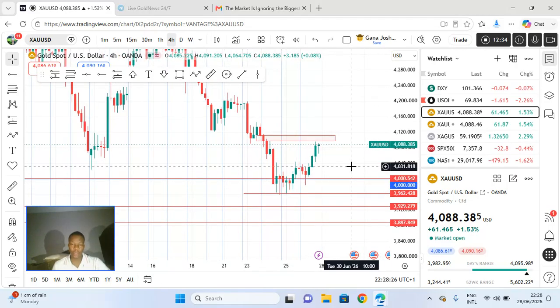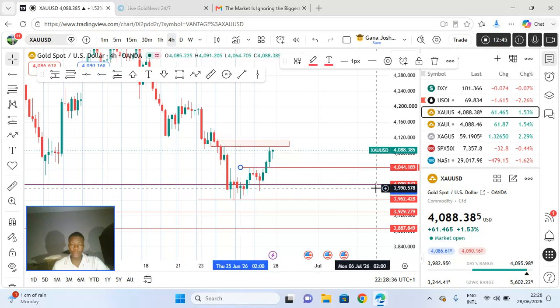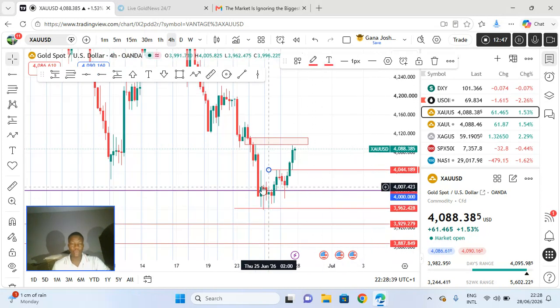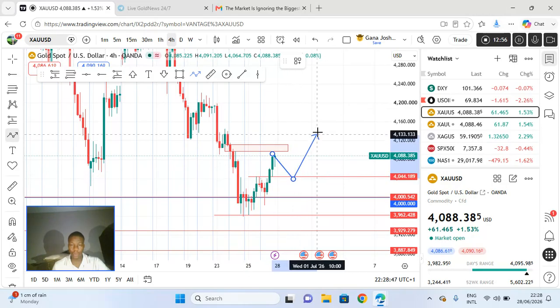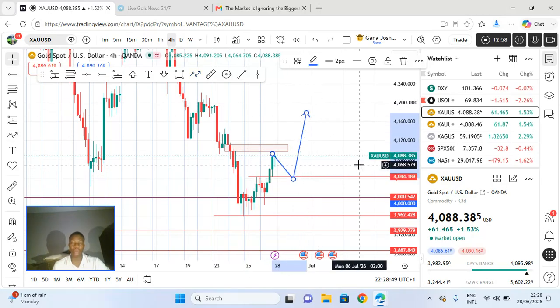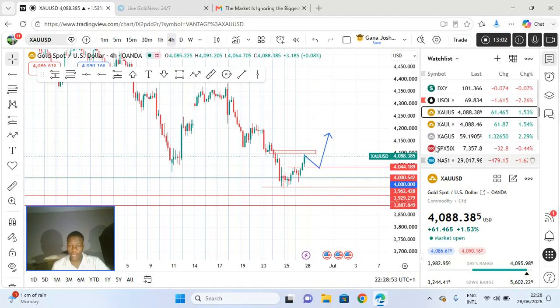What we're going to be looking out for on gold is simply a pullback to retest and continuation to the upside. Maybe a pullback to the 50% level and continue to the upside for now.